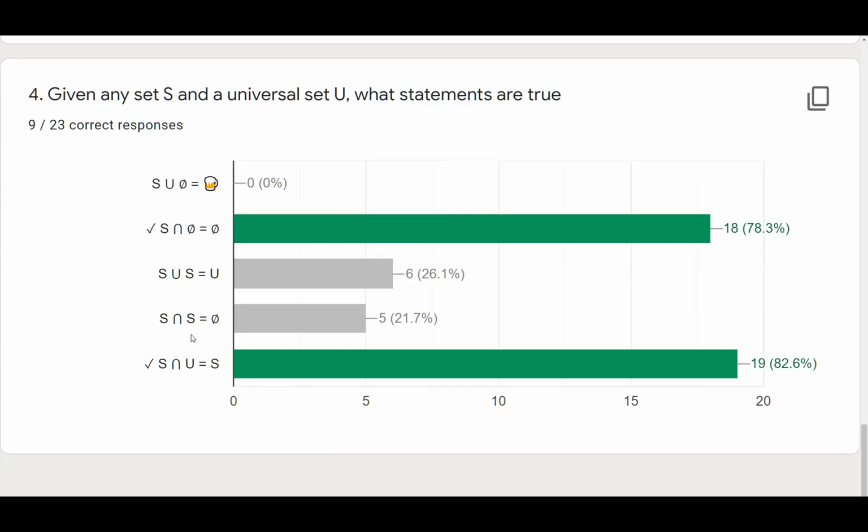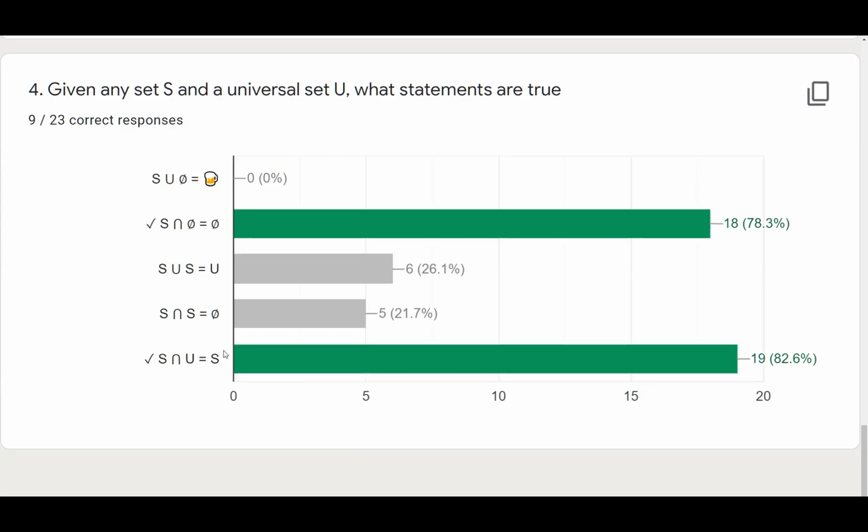S intersection S is empty set. No. So S intersection S is what? Good, it's S again. And S intersection U is S. So this was true. And most people thought that was true.